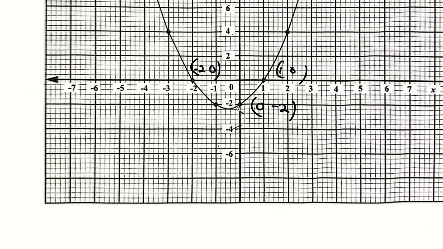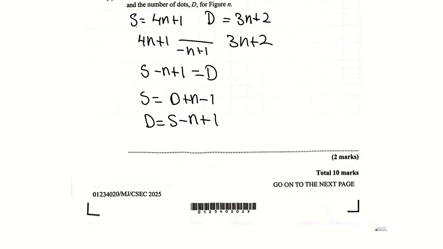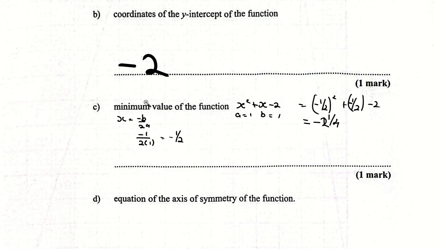The point would be right here, and that is how we get negative 2 and a quarter. So the minimum value is negative 2 and a quarter. To get your minimum or maximum value, find x using minus b over 2a, then substitute it back into the quadratic.